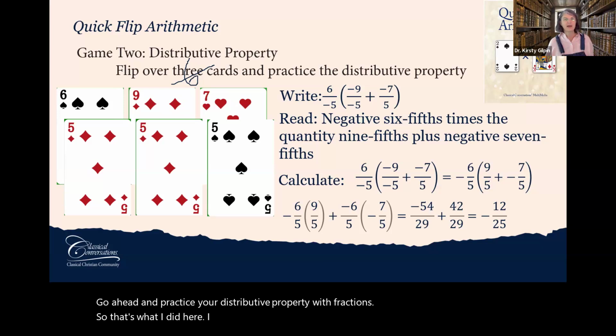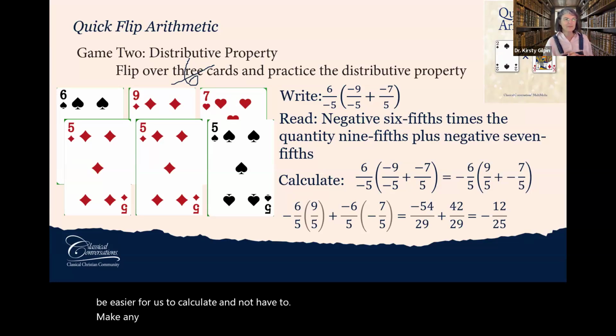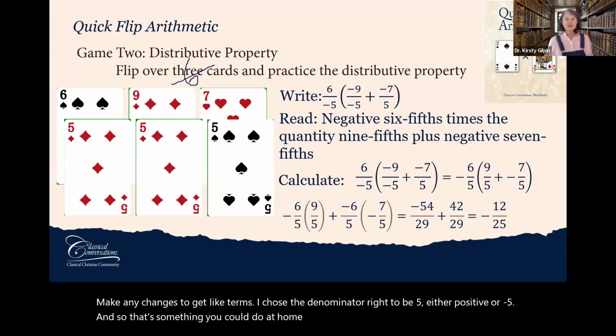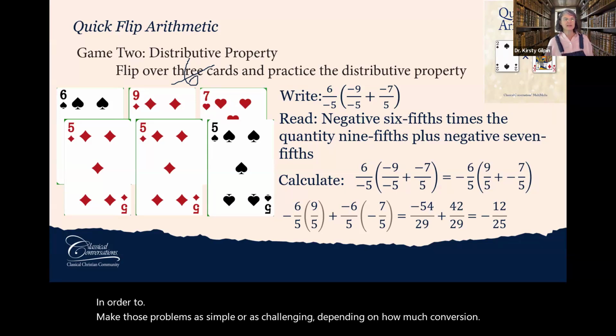I will be honest, I wanted to make this something that would be easier for us to calculate and not have to make any changes to get like terms. I chose the denominator, right, to be 5, either positive or -5. And so that's something you could do at home. You could actually choose what you want your denominators to be in order to make those problems as simple or as challenging, right, depending on how much conversion between denominators you might need to do.